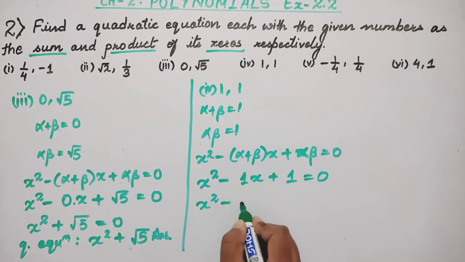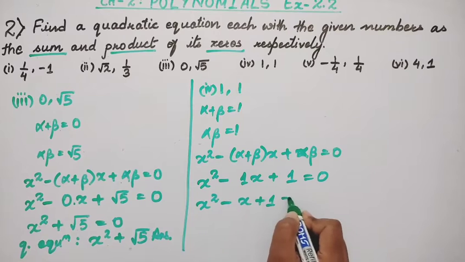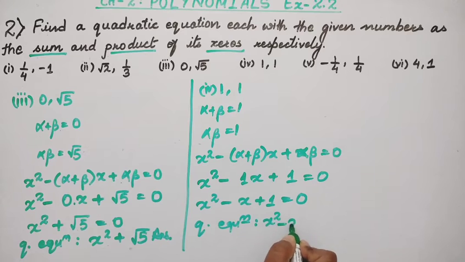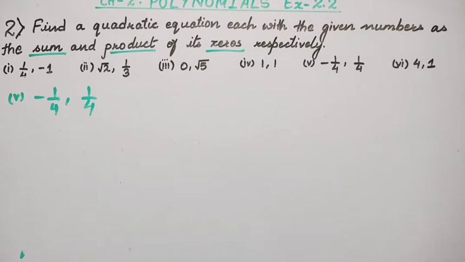Now we'll put the values: x square minus alpha plus beta, which is 1, into x plus alpha beta, which is also 1, equals 0. So we'll get x square minus x plus 1 equals 0. So your quadratic equation is x square minus x plus 1. This is your answer.